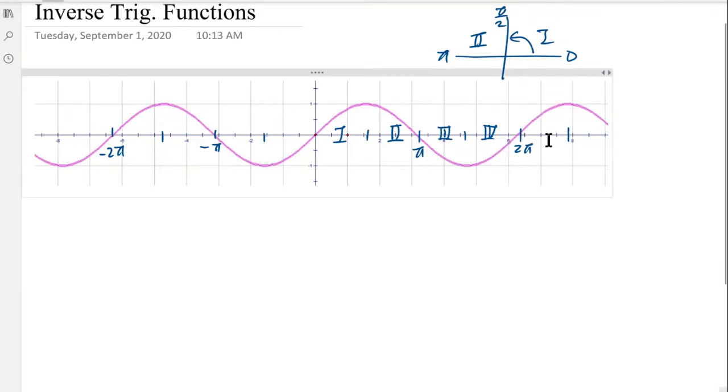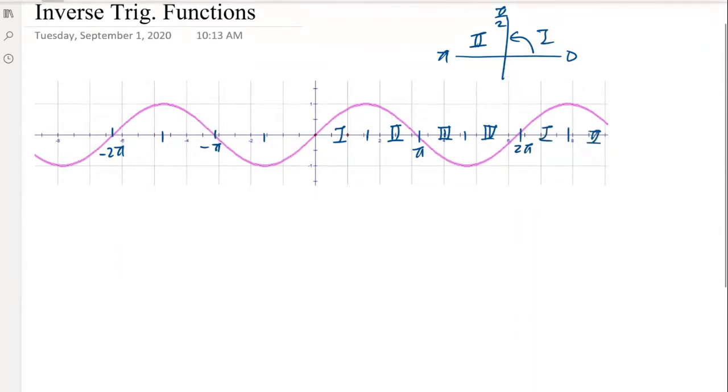Oh yeah, here. Somebody tell me what quadrant it is from here to here. It's not a trick question. 1. From 2 pi to 1. That's 1. And then quadrant 2, it repeats forever now, doesn't it? You guys getting what I mean by quadrant? It's not 1, 2, 3, 4.